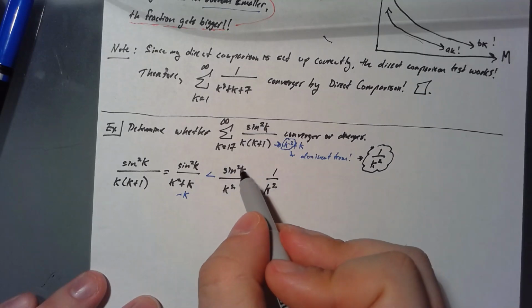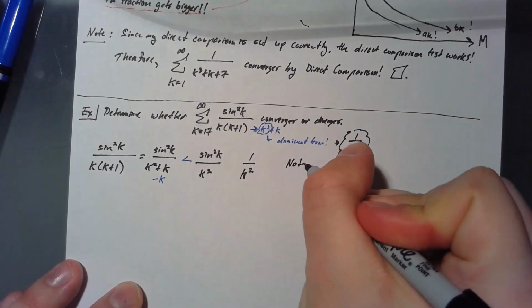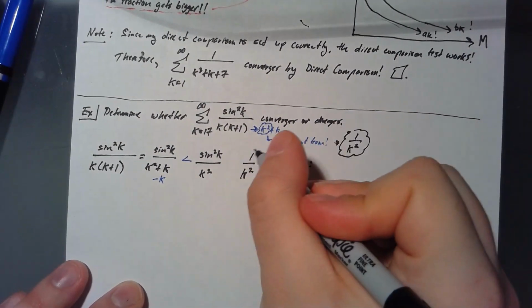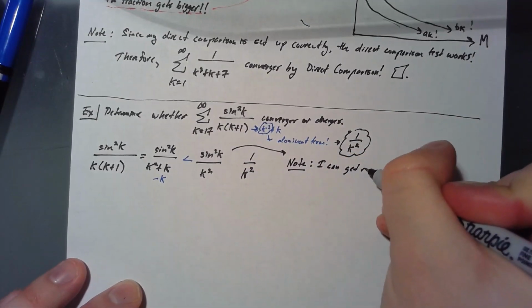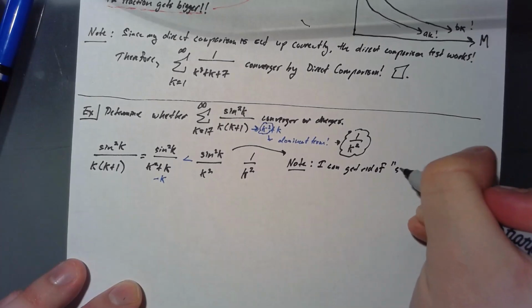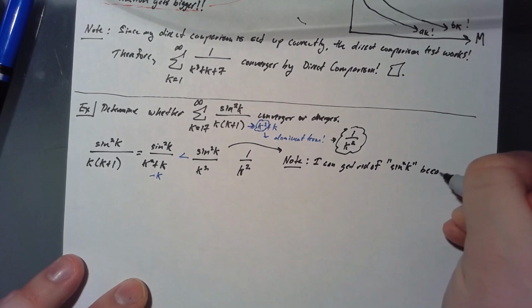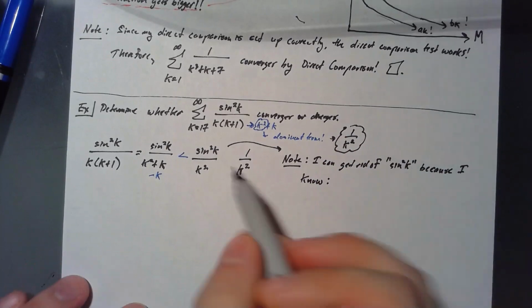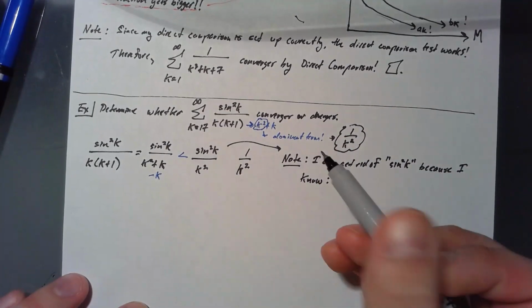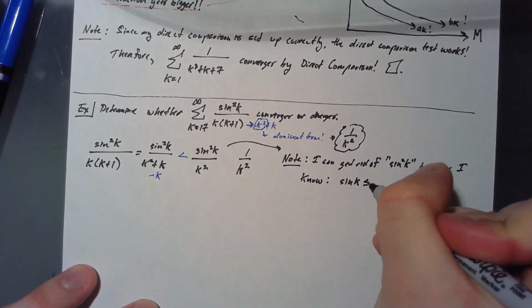And the reason being, so let me make a note here. I can get rid of sine squared of k because it has to do with the range of sine. What do you know about sine? Well, sine is caught between -1 and 1. In other words, sine of k is less than or equal to 1.